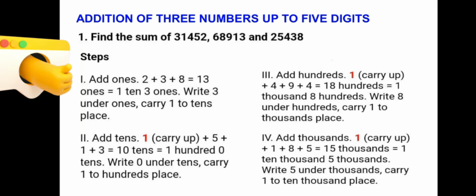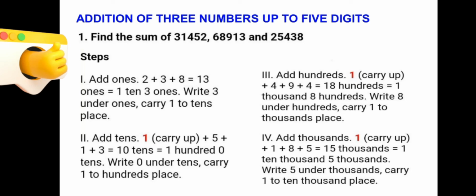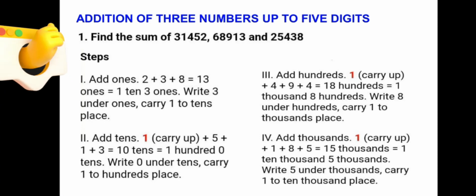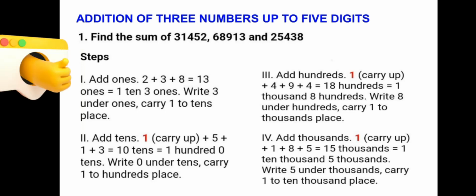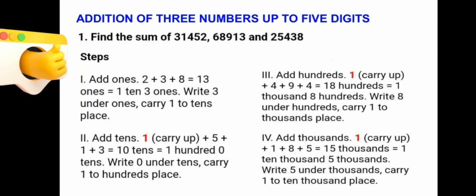So then the third step is add hundreds. We have 1 carried up, so we have 1 plus 4 plus 9 plus 4, which is equal to 18. So you write 8 under hundreds, carry 1 to thousands place.